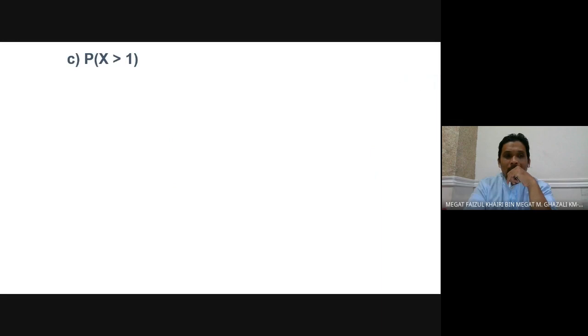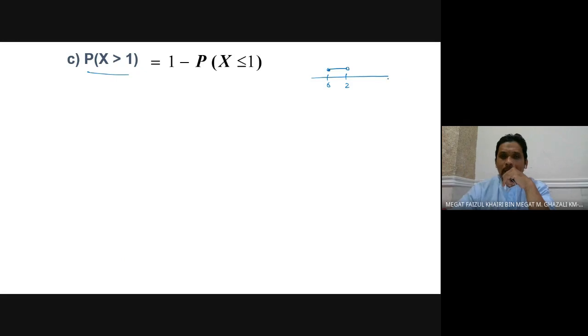So probability of x less than 1. We have 0 until 2 and then 2 until 9. So we would like to find probability of x greater than 1. 1 is here.